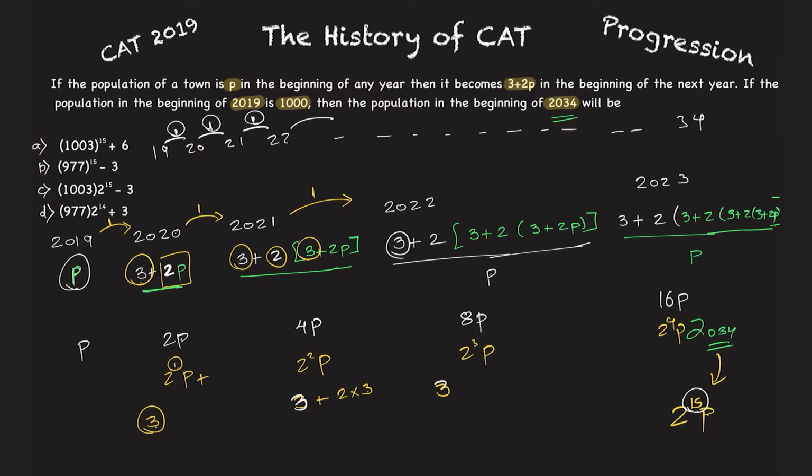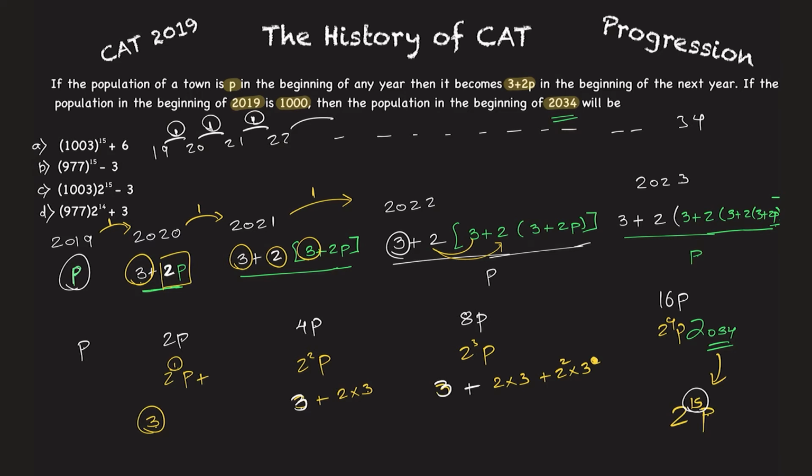This 3 is here, plus the additional part, which is 2 into 3, and then 2 into 3 squared. Sorry, it is 3 into 2 squared. So it is 2 into 3 plus 2 squared into 3. That's what I get from here.